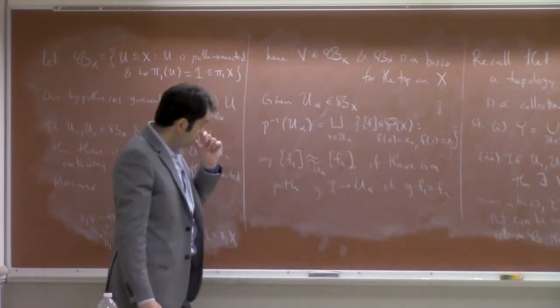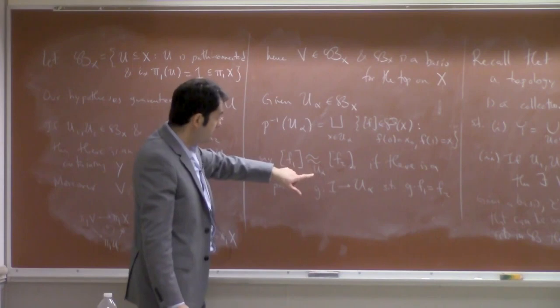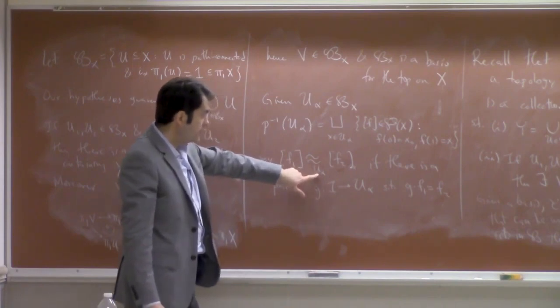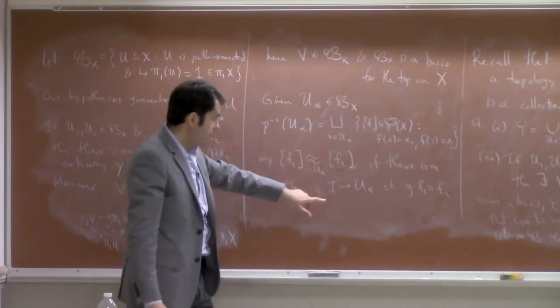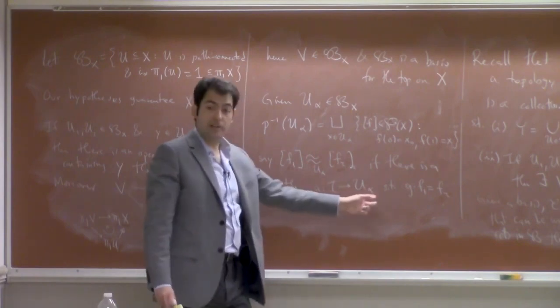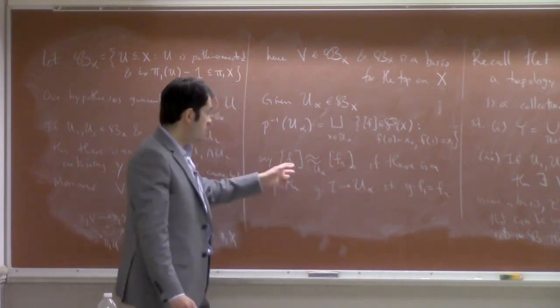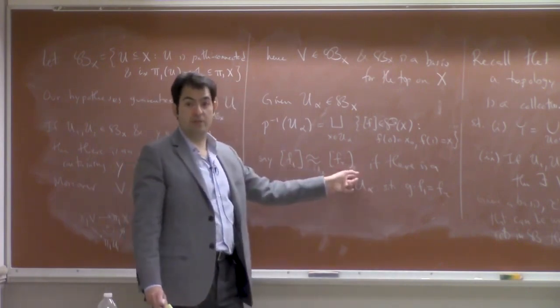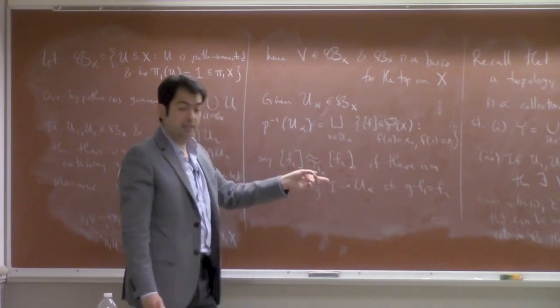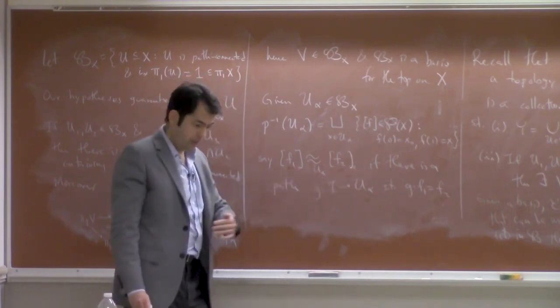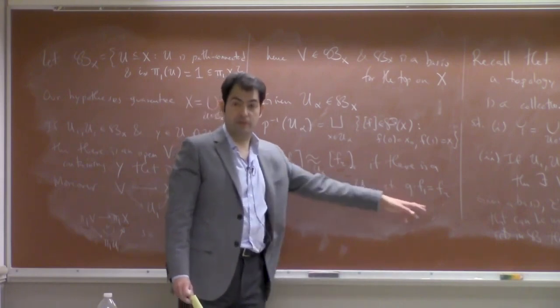So two classes are going to be equivalent in U alpha if there's a path that's contained entirely in U alpha that'll take you from a representative in one class to a representative of the other. Right? Of course, I could take the opposite path, so this is a symmetric relationship.